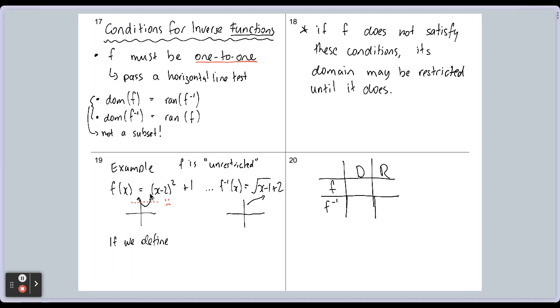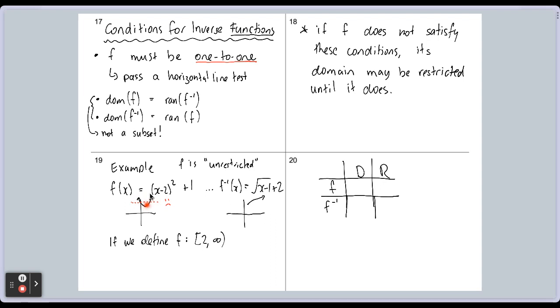if we define f going from 2 to infinity, that's its domain. In other words, I've looked at this graph and the turning point here is 2 comma 1. So rather than carve out the whole graph, I'm going to start at the turning point, which means everything from here on will be 1 to 1, because I'm not going to consider before the turning point.